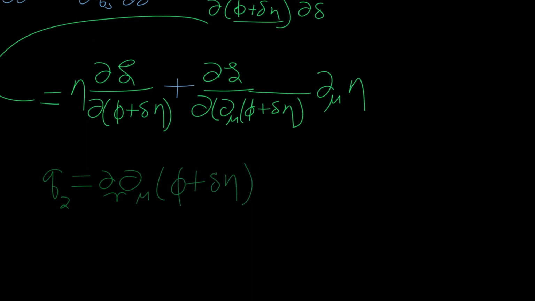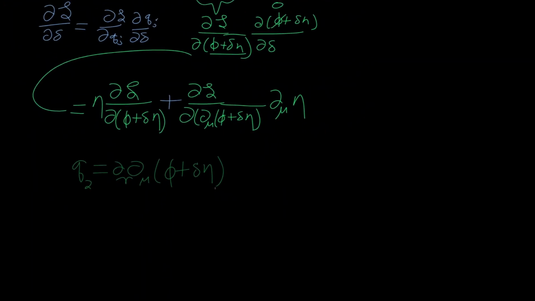So what does our multivariable chain rule tell us? Well, it says that we're going to have, well, a plus first off, and then it says we're going to have the partial derivative of a Lagrangian with respect to, well, this right here, so partial nu, partial mu of phi plus delta nu. That's a mouthful, oh my goodness.